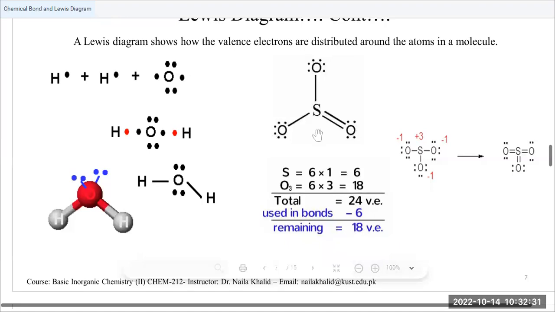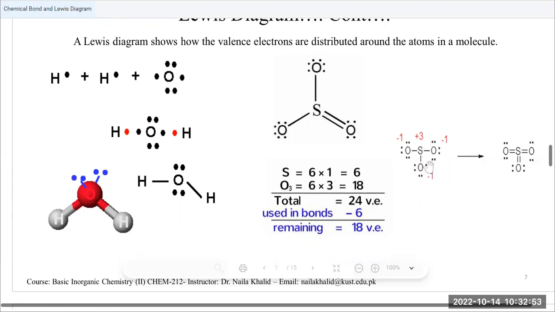And as you know, each oxygen has 6 electrons, and if it is forming a single bond, it gets a negative charge. If we do not write a double bond over here, we can write that each oxygen has a -1 charge and sulfur has a +3 charge. So this is a very unstable condition.